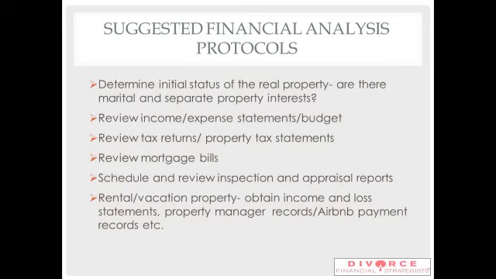If there are any property manager records, Airbnb is a very popular vehicle right now, and if you're connecting with Airbnb as a third party to rent out that property, then you're going to want to get whatever records are on there so that you have an idea what the income flow is. Hopefully you've gotten the inspection and appraisal reports on it so you know what condition it's in, but you want to take a look at the cash flow on all of these.